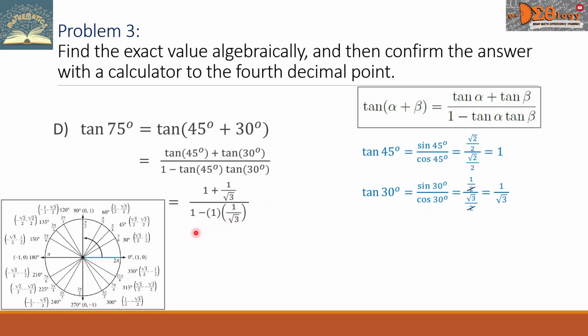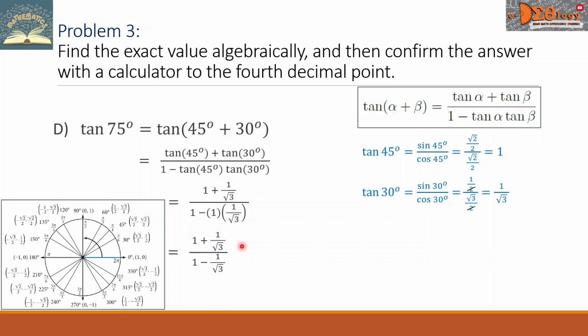Substituting now the values, we have 1 plus 1 over square root of 3 all over 1 minus 1 times 1 over square root of 3. In the denominator, we can simplify this portion like 1 over square root of 3.